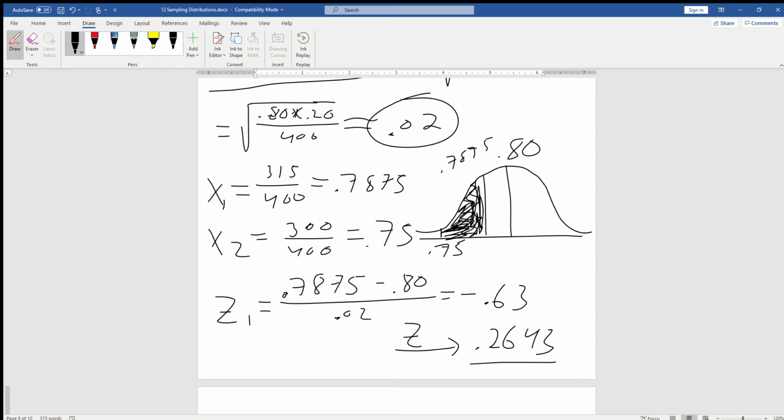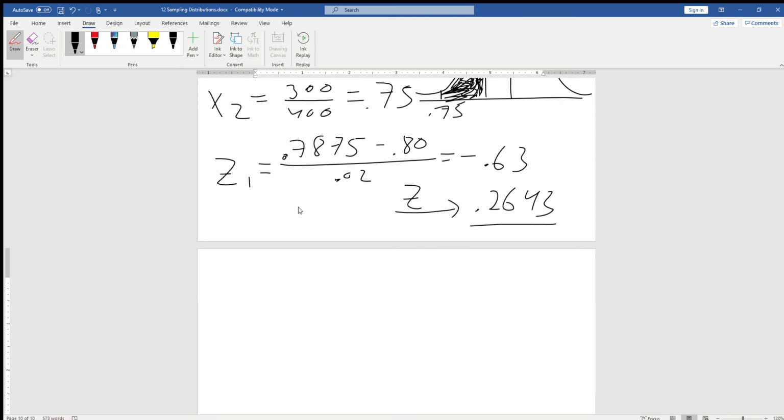And we also have to figure out z2 for our smaller x. So z sub 2 is going to be equal to 0.75 minus 0.8, divided by 0.02. Okay, I'm pretty sure this is negative 5/2, which should be negative 2.5, but I'll just verify it.